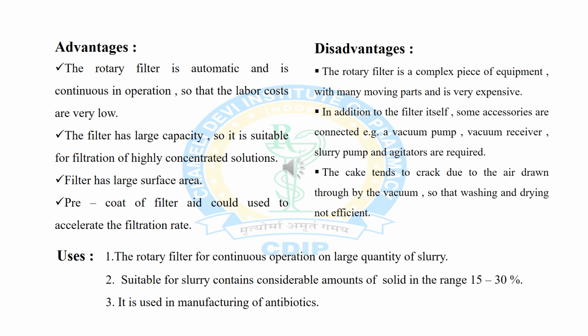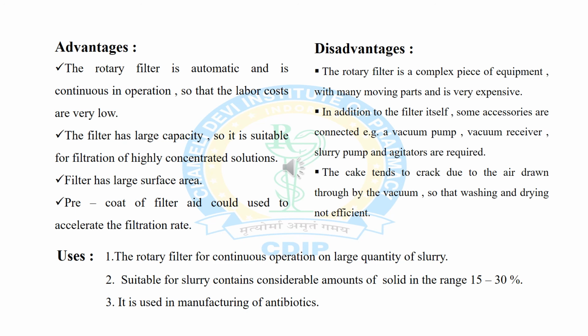Some disadvantages: the rotary filter is a very complex piece of equipment with many moving parts and is very expensive. In addition to the filter itself, some accessories are connected, like the vacuum pump, vacuum receiver, slurry pump, and agitators, which are also required, so the maintenance costs are very high.